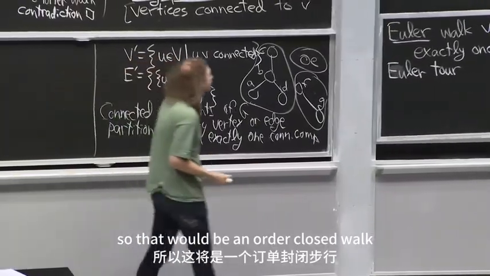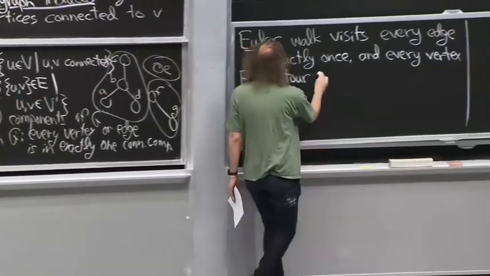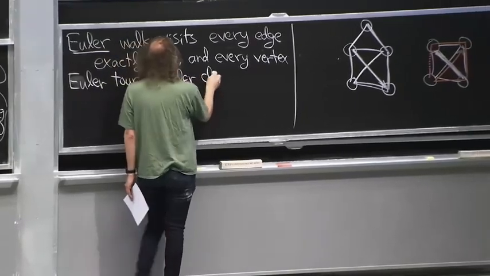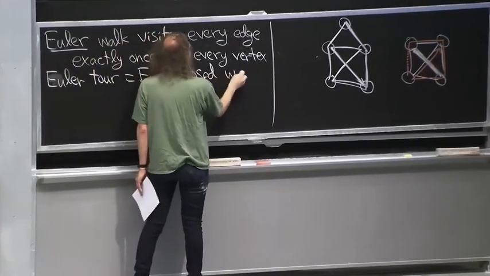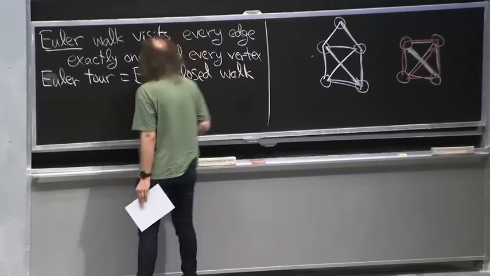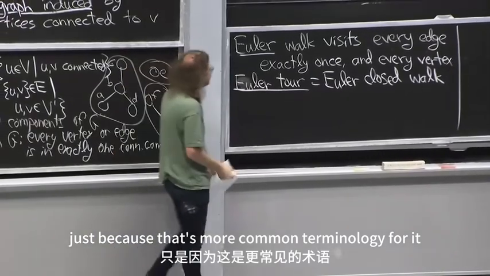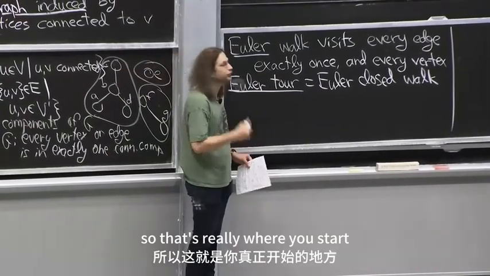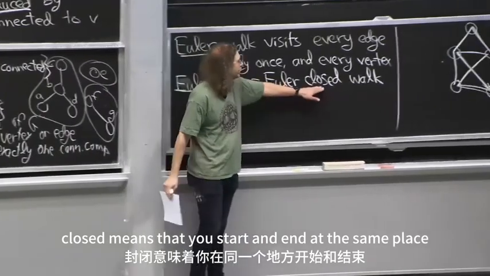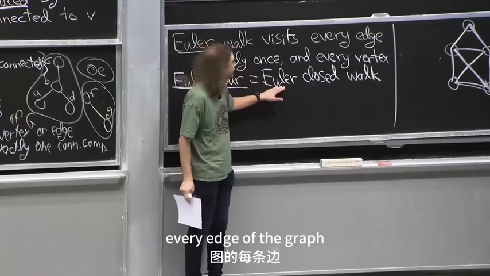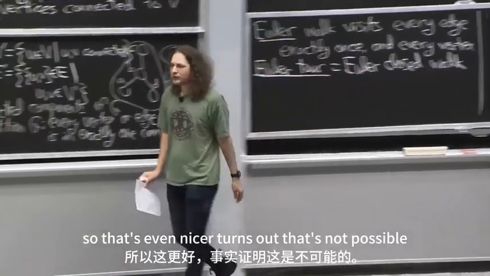So that would be an Euler closed walk, and that we call an Euler tour, just because that's more common terminology for it. So closed means that you start and end at the same place. Euler means you visit every edge exactly once, every edge of the graph. Okay, so that's even nicer.